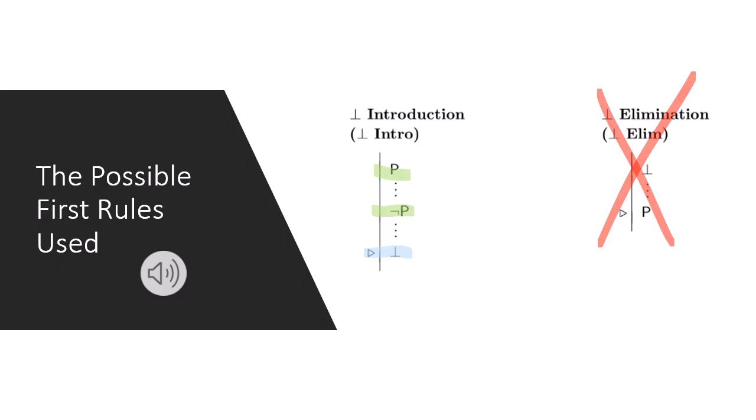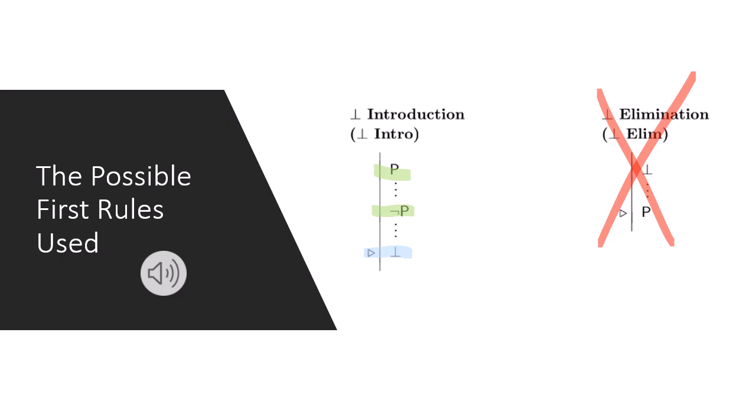Remember, anything above the first rule at this point is either going to be an assumption from a subproof or one of the premises of the proof, and it's not possible to take a contradiction as one of the assumptions or the premises of the proof, and therefore we wouldn't apply this particular rule on the first step.